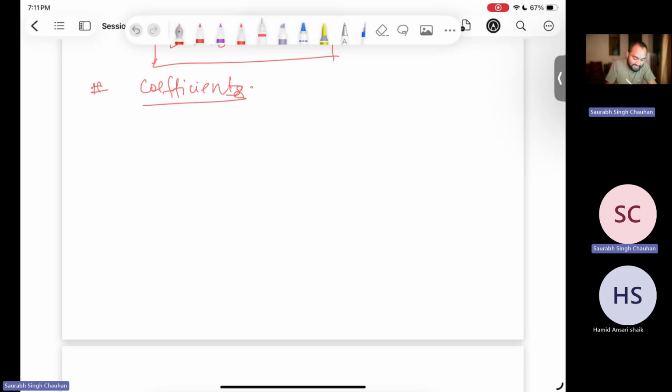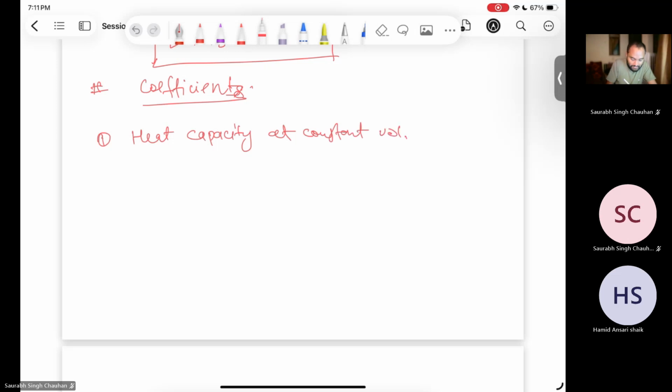One coefficient was heat capacity at constant volume, CV. How was it defined? T del S by del T at constant volume. How can we write this?